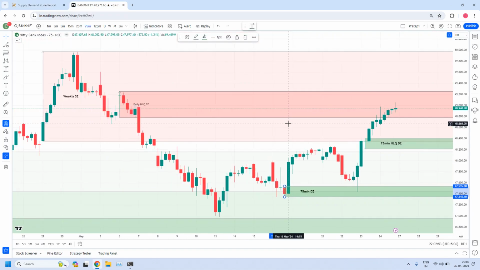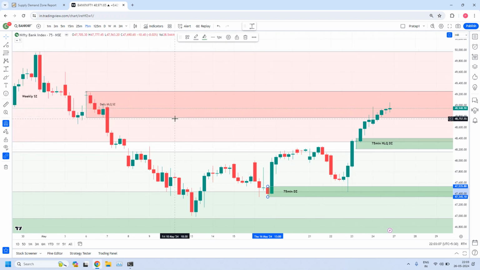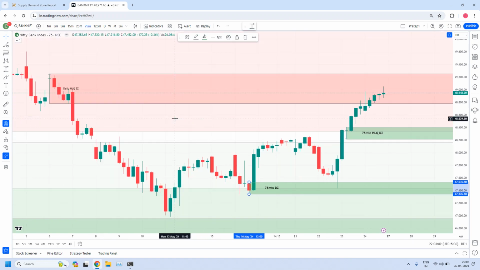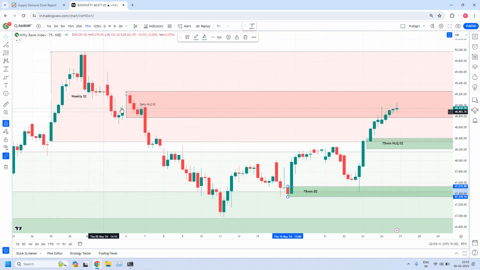There are no valid 75 minute supply zones, because there is no proper logic, the software did not identify any. But what we can do, maybe we can compromise and draw the zones within this area.